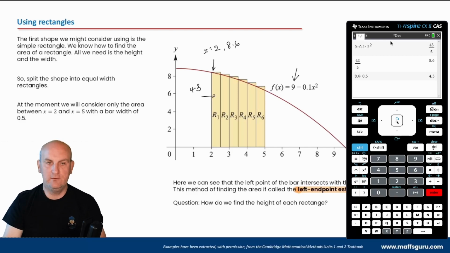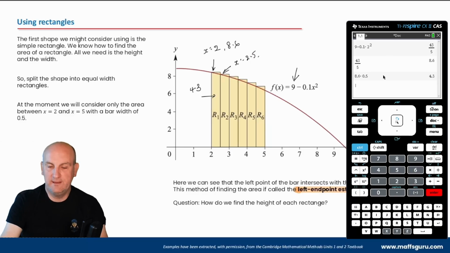Can I do the same with the next rectangle? Well, of course I can. But I've got to now work out the new left endpoint, because this height is different from that height. So this left endpoint is going to be when x is equal to 2.5. Okay, so I now know that there, x is equal to 2.5. What's my y value going to be?